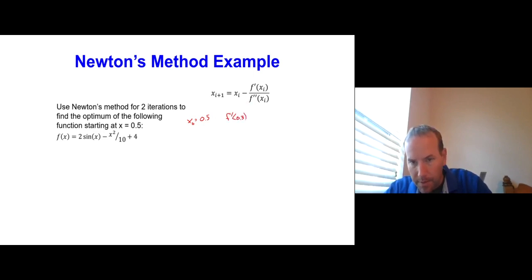We know that we're going to have to take the f prime, and we're also going to have to take the f double prime, at 0.5, which equals negative 1.159.